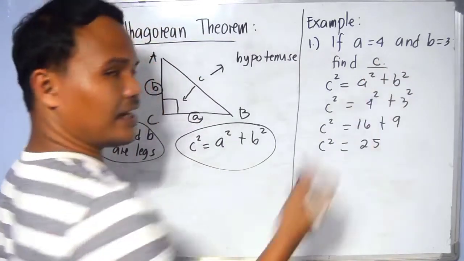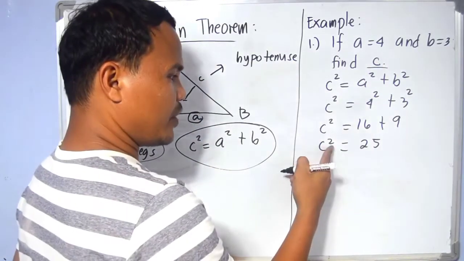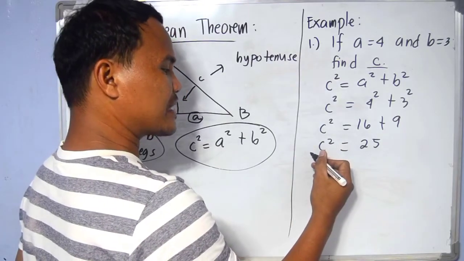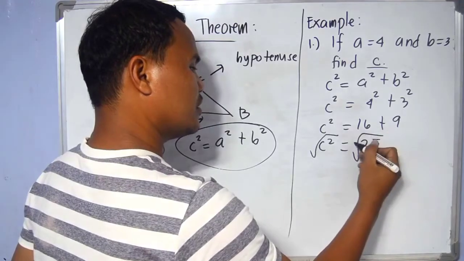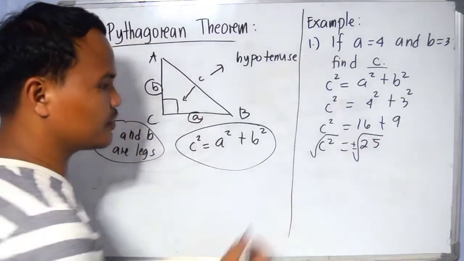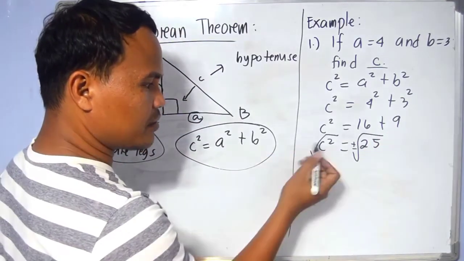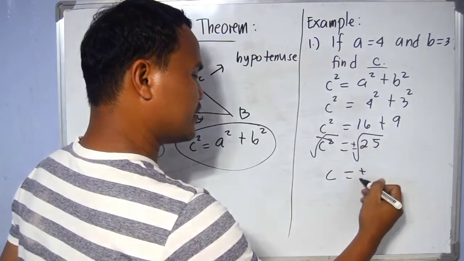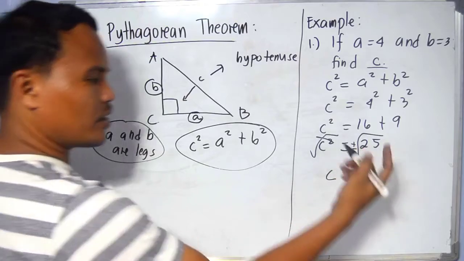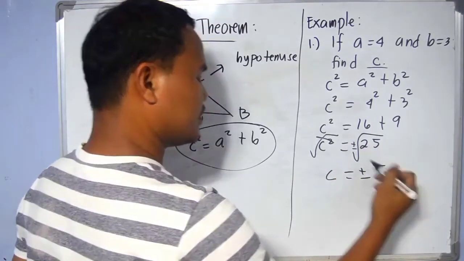Since we are asked to find c, and we have exponent 2, we extract the square root of both sides, putting positive and negative. The square root of c squared is c. The square root of 25 is 5.